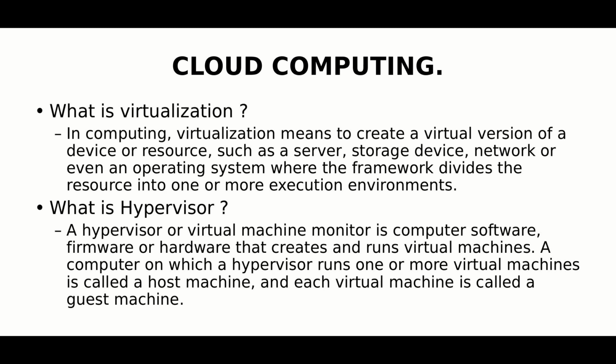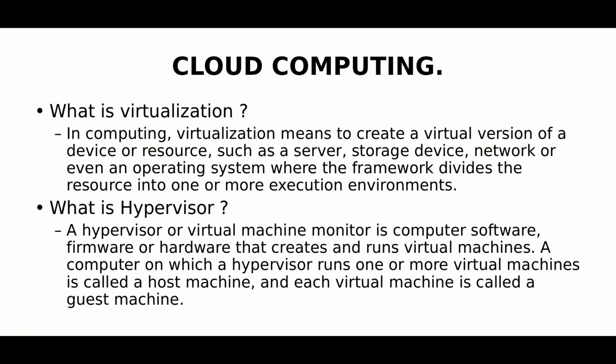So in computing, virtualization means to create a virtual version of a device or resource such as a server, storage device, network, or even an operating system, where the framework divides a resource into one or more execution environments. So by using these cloud resource services, you can virtualize servers, your storage, your database, your networking, everything can be virtualized. Now to work with virtualization, you will need an application or software, known as a hypervisor.